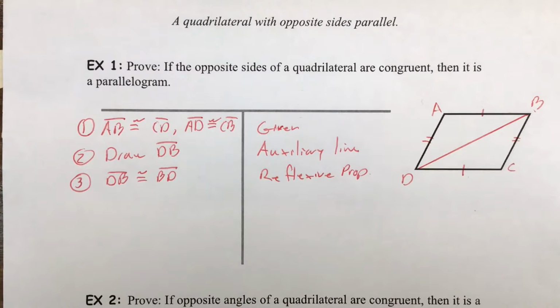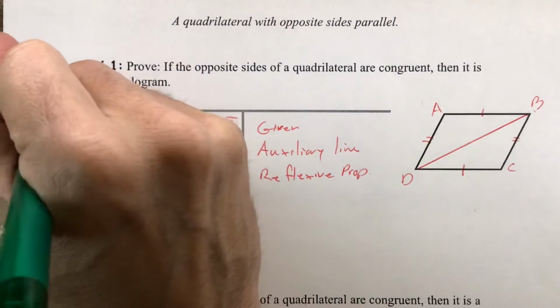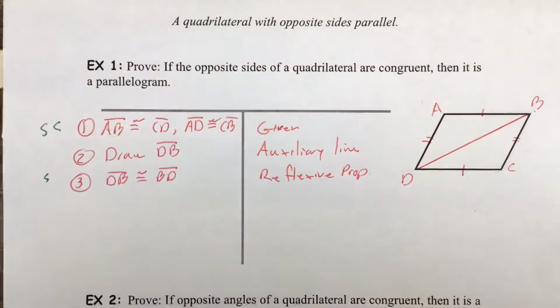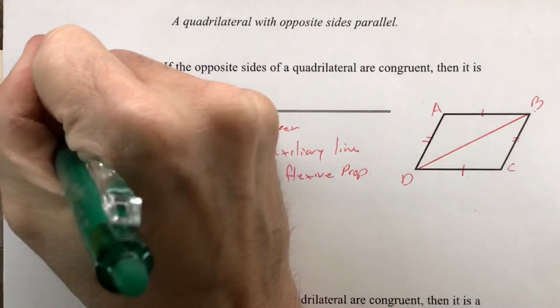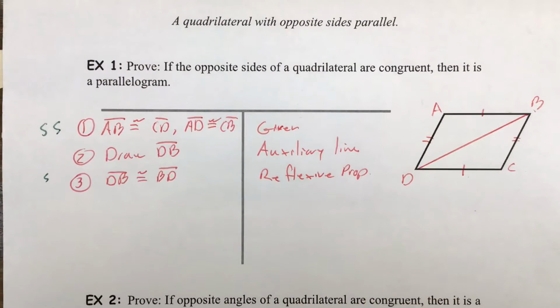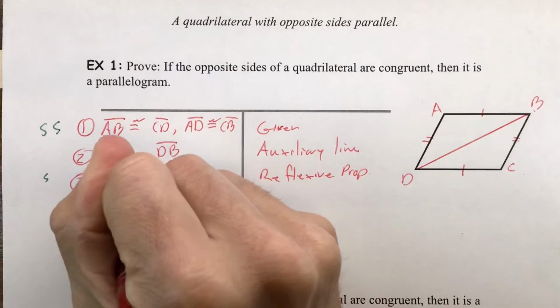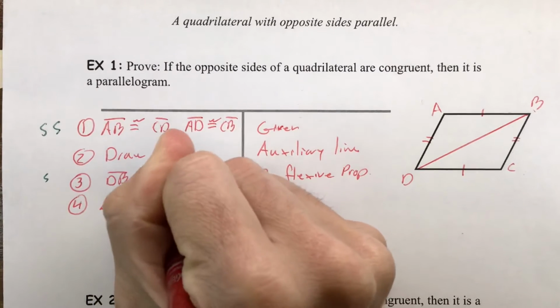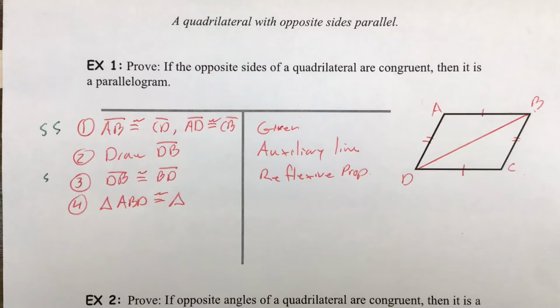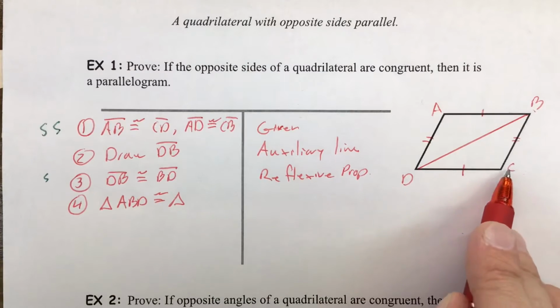If you put all these things together, we have the side, side, side shortcut that can show us the top and the bottom triangles are congruent. For the top, let's go with ABD, and then the bottom is going to be CDB.